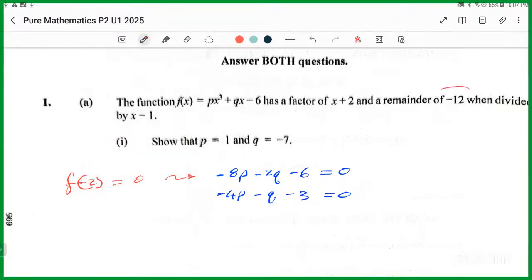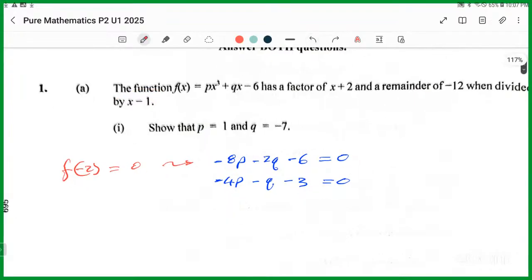The remainder is -12 when divided by x minus 1. That means f of 1 is equal to -12. That's going to give us a second equation: substituting 1, that gives us p plus q minus 6 equals -12.